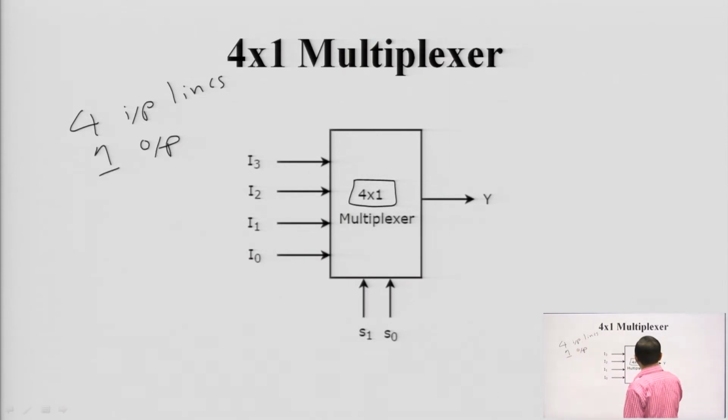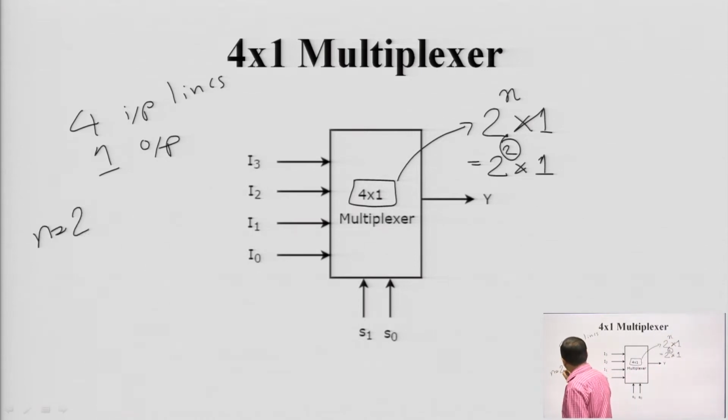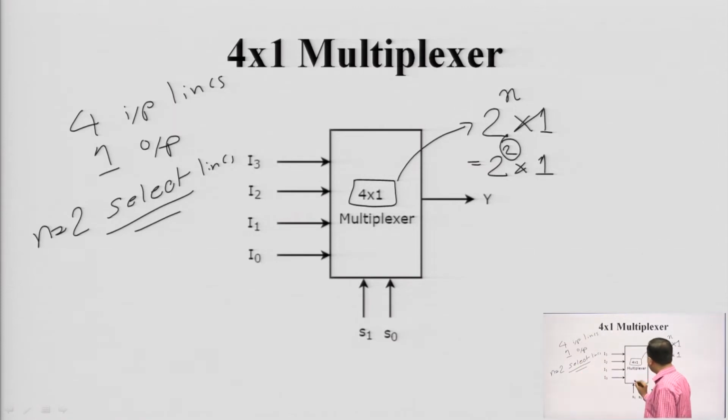Written in the format 2 to the power n cross 1, it will be 2 to the power 2 cross 1, so the value of n is 2. n is nothing but the select lines, so there are 2 select lines, termed S1 and S0.